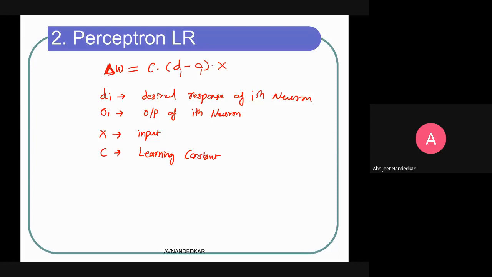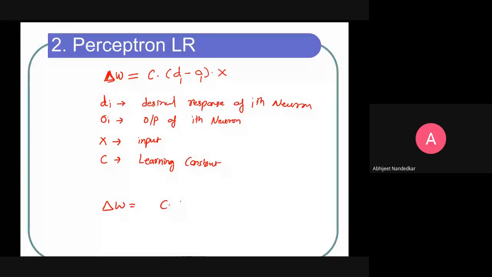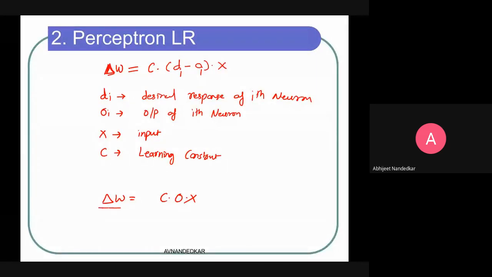Okay. So if we compare with the previous one, it was C into O into X, Hebbian. Now it has changed to C into D minus O into X. So they have added only this term. It took 9 years to do this.